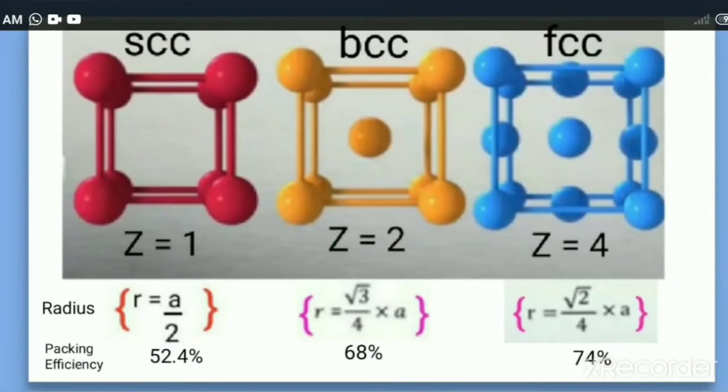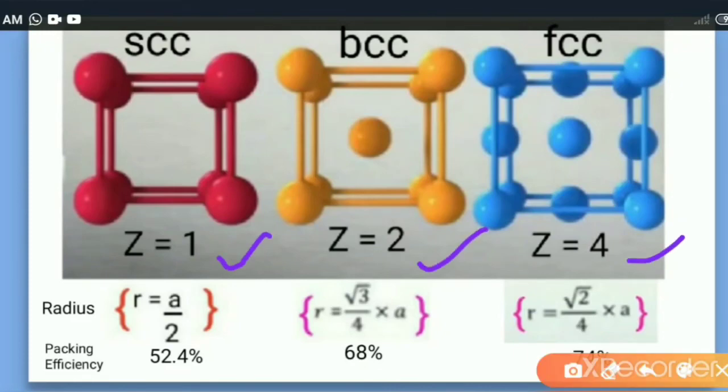So let us conclude. Till here we have discussed 3 main types of unit cell. The structures are given. In one of the videos we calculated the number of atoms in these, and we calculated the relation between the radius and the edge length of the unit cell.